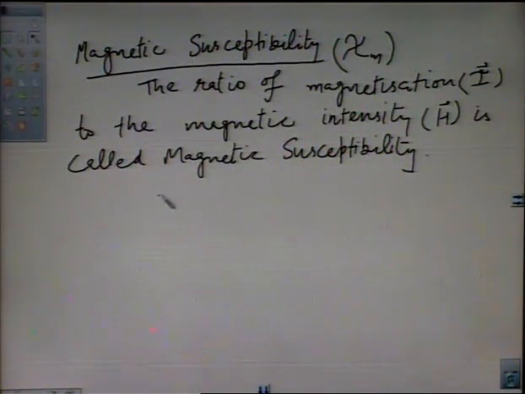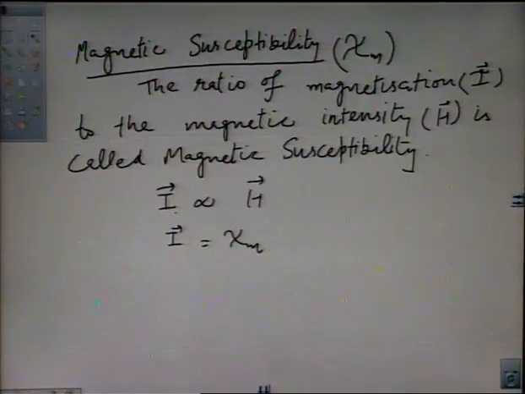We know that the degree of magnetization depends upon the amount of magnetic intensity. The more the magnetic intensity, the more the magnetization. So removing the symbol of proportionality, we have a constant which is called magnetic susceptibility chi m.